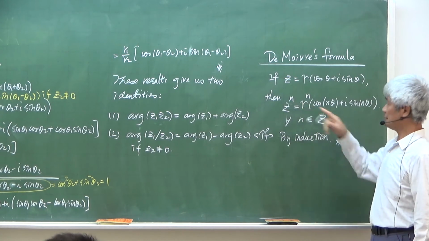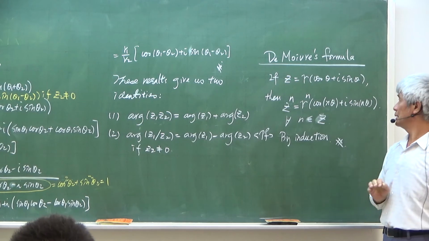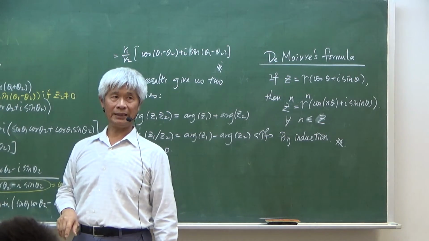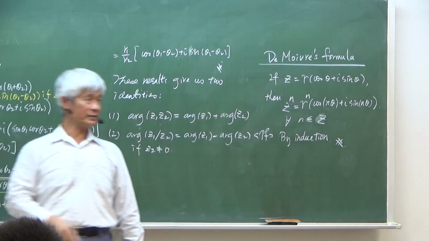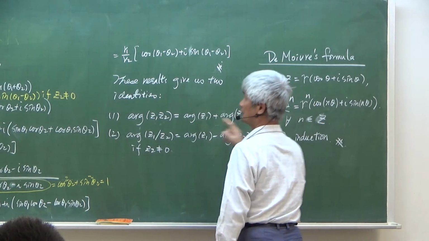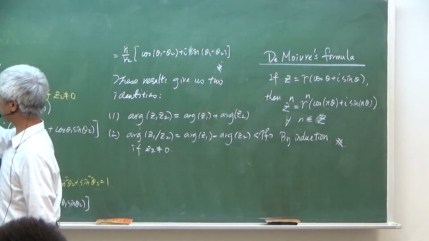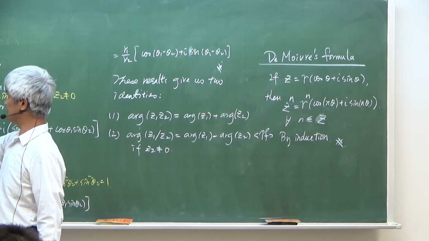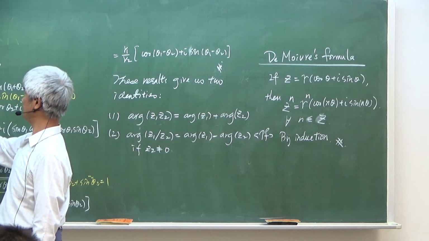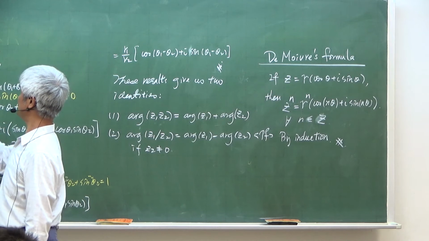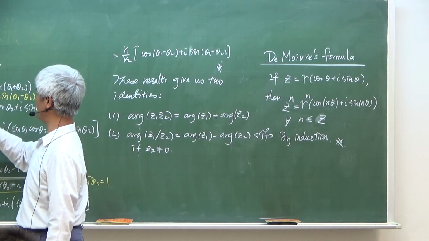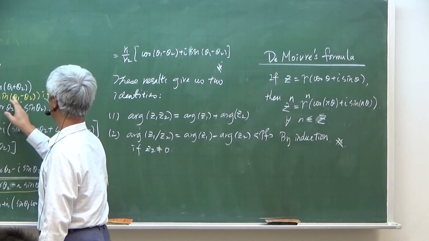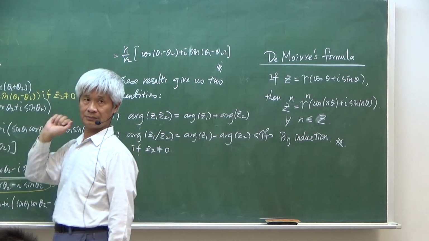How about when n is a negative integer? You apply the second formula here. When n is minus 1, z1 is 1 and z2 is z, so the modulus becomes r to the minus 1, and theta 1 is 0 and theta 2 is theta, so the argument becomes minus theta.